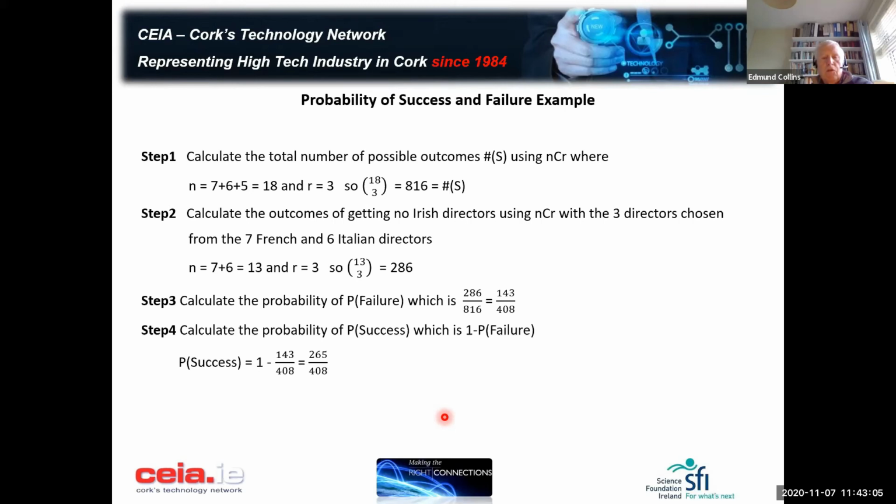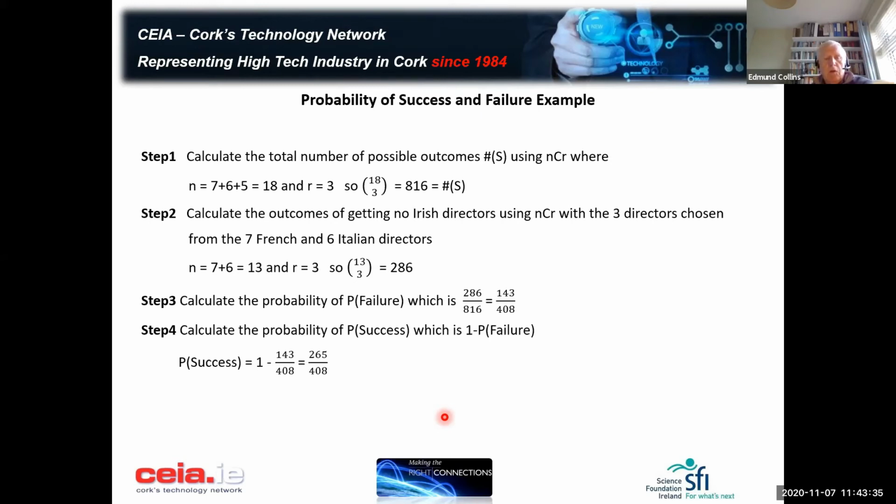So the probability of failure in this case is 286 over 816, and we can simplify that down to 143 over 408. Again, it's greater than 0 and less than 1, so we're okay here.